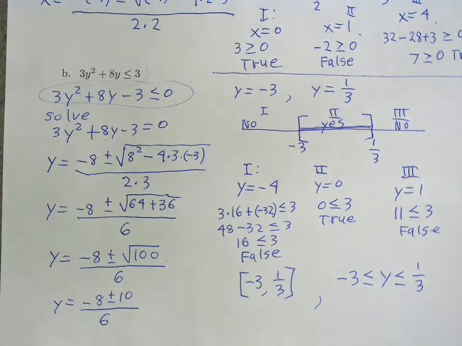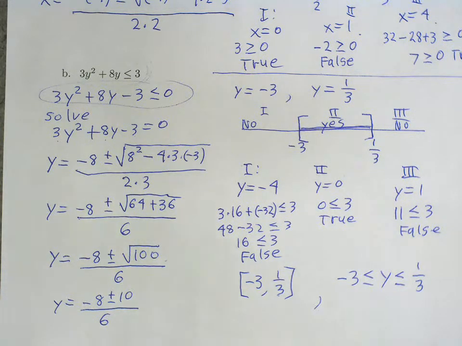Okay, both of these are pretty nice examples because the endpoints were not really that hard to handle. Ordinary fractions and integers.